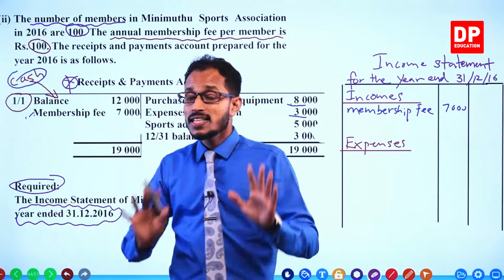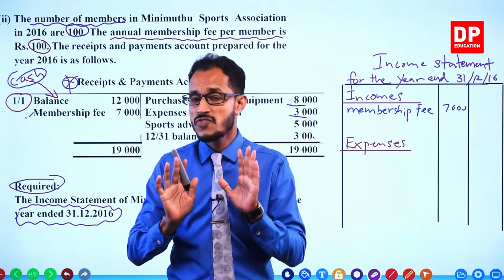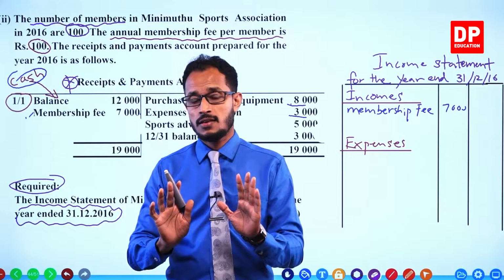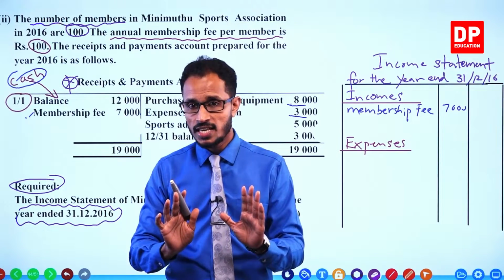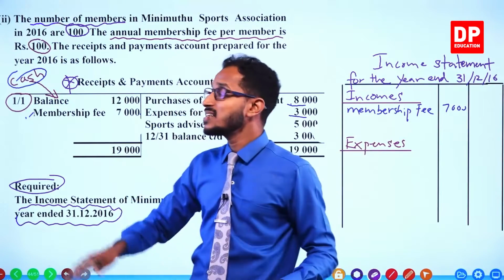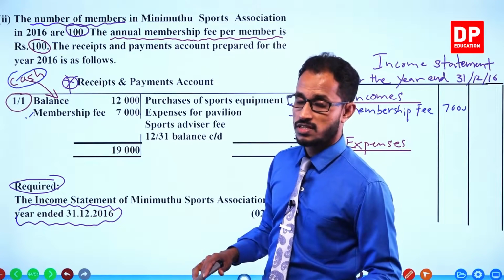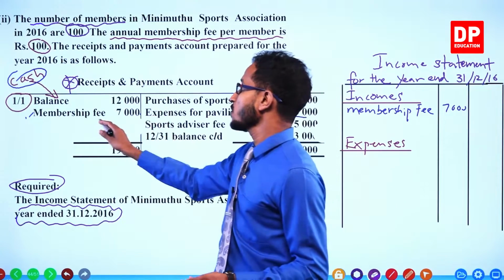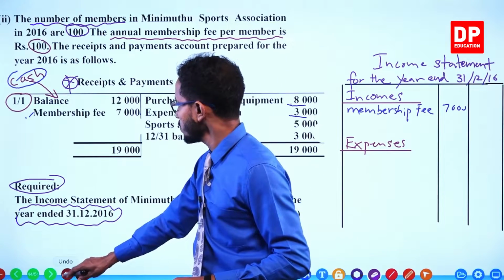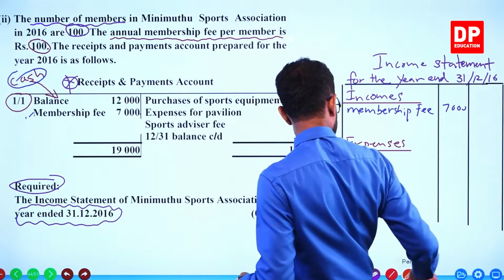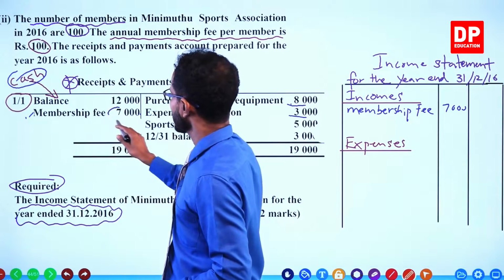You don't take the received membership fee in the receipts and payments account. You should take membership fee as an income, but you don't take the received amount.